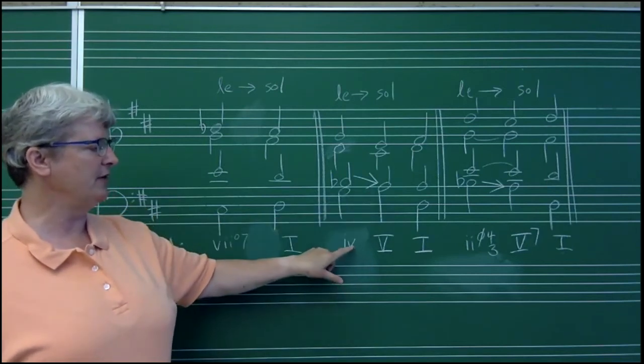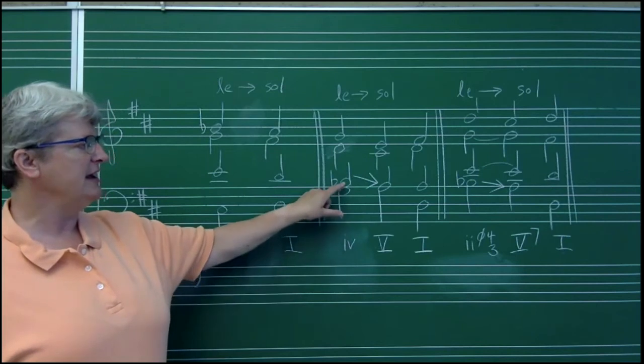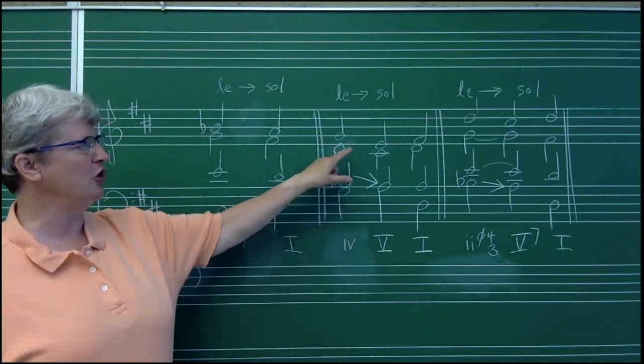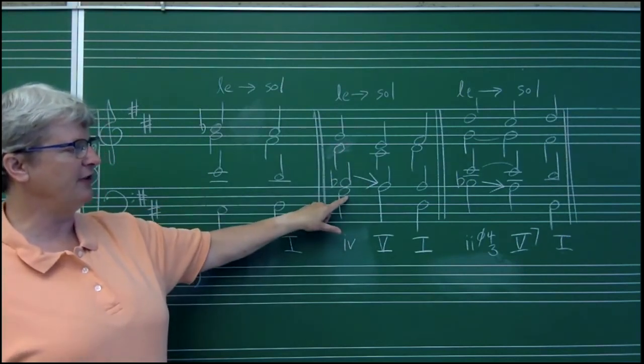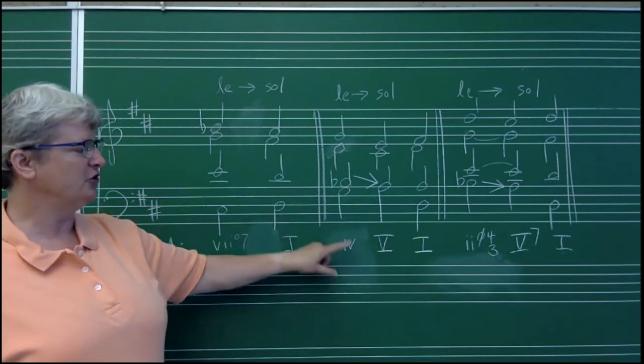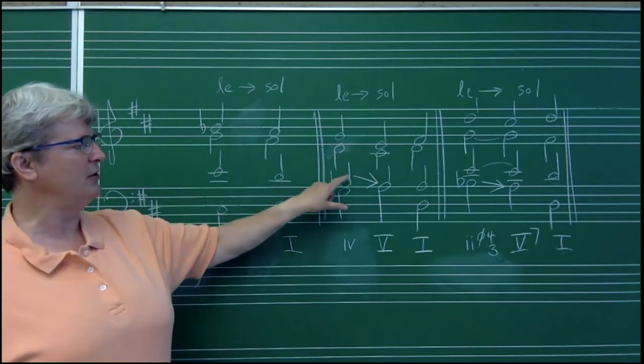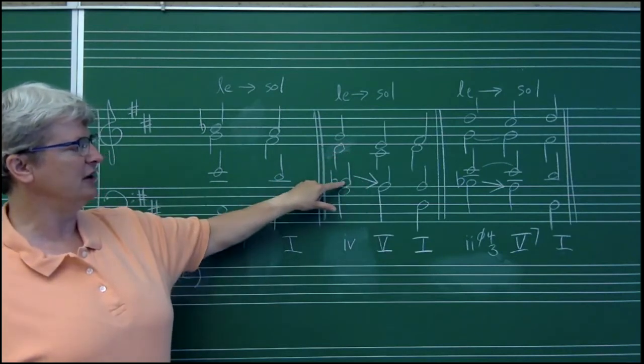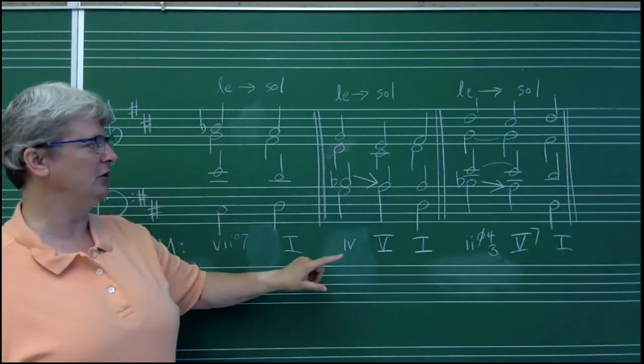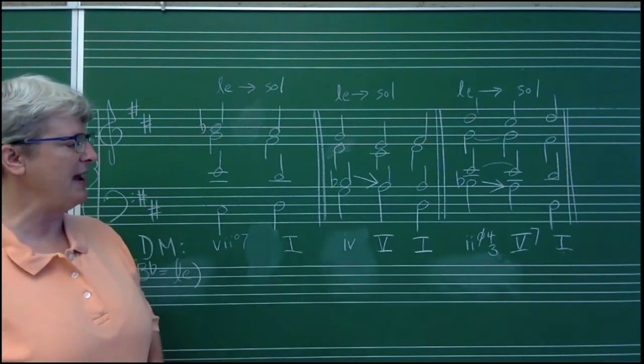And you remember that the thing that you have to be careful about here is not having other stepwise motion up that would create parallel fifths or parallel octaves with the bass. So when the bass is stepping up, all of the upper voices are going down, and especially la is going down to sol.